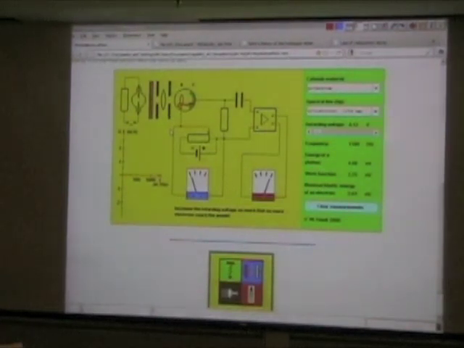Well, that's an electron. And if I apply a negative potential here and a positive potential here, that electron will be traveling to the left. That will be increasing the current in the system.